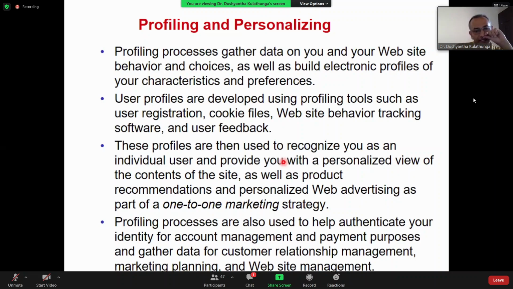Now, what I asked was whether this particular process is relevant for internal systems. For some businesses, this is relevant, but in Sri Lanka, for most cases, this is not relevant. But this can be relevant when it comes to HR systems. You may create profiles of individual employees, and for that, you will gather data.